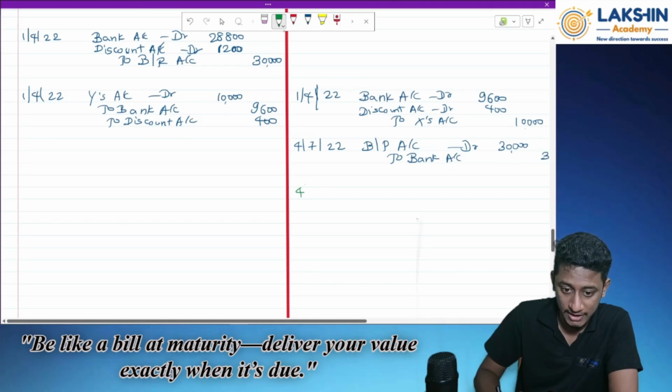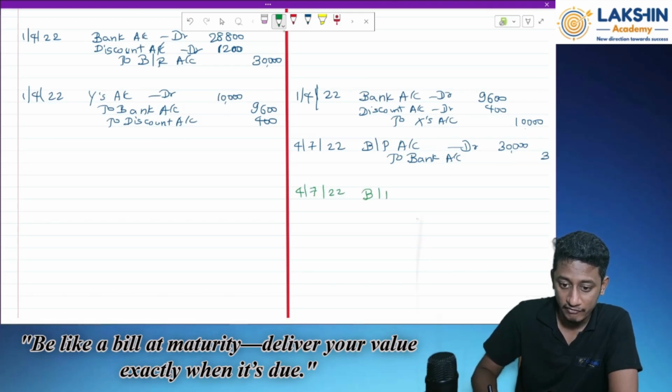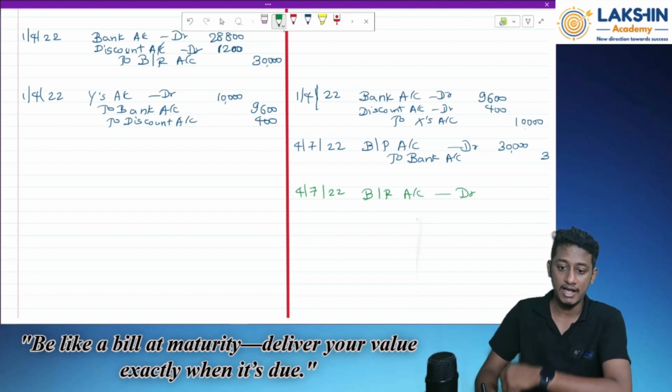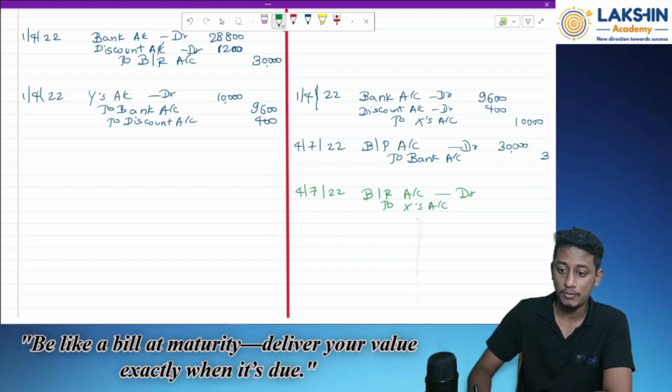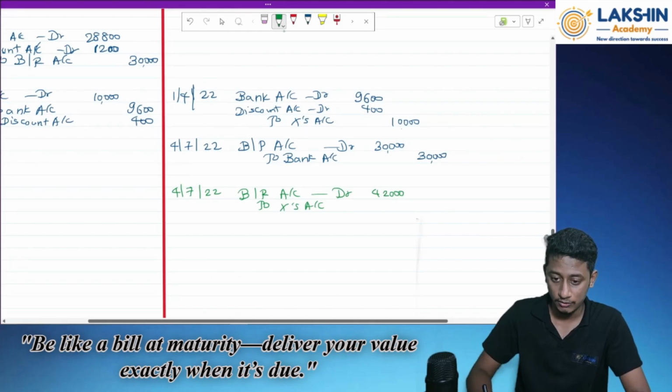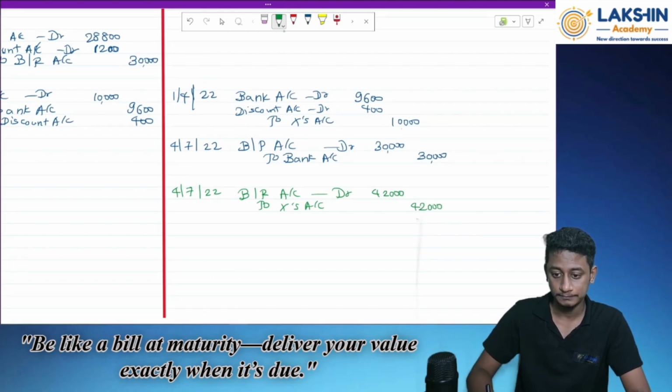So on the same date, that is 4th July 22, Y has issued a bill receivable, this time, right? It is the other way around. To Mr. X account, for rupees 42,000.